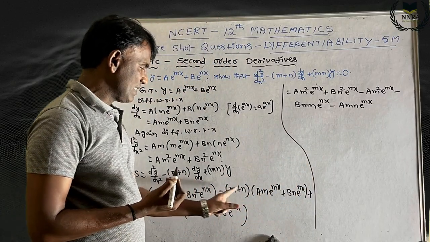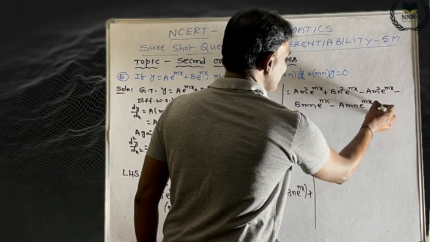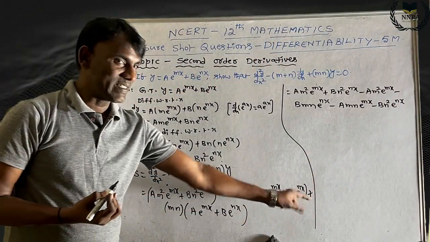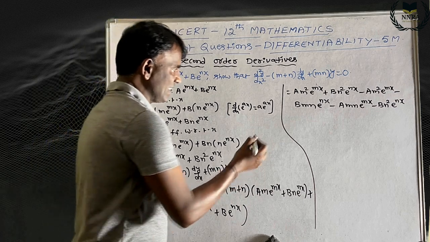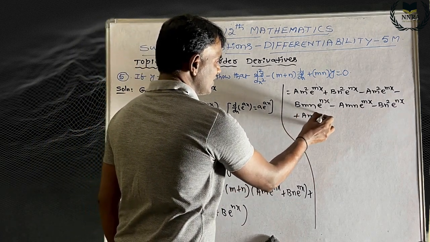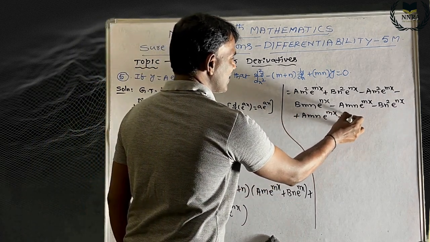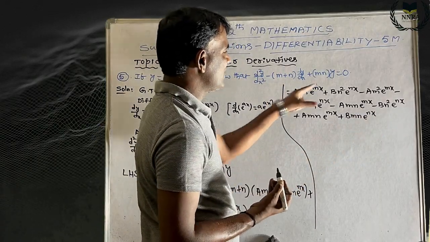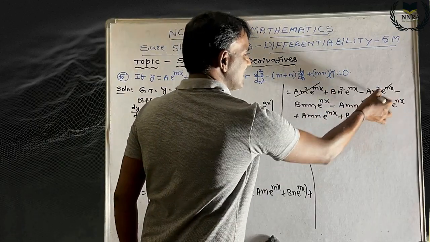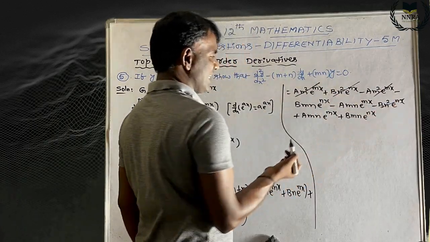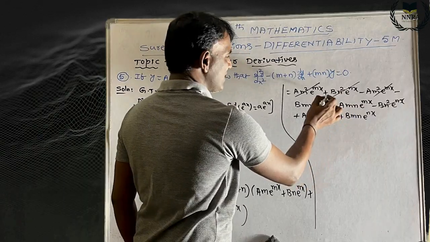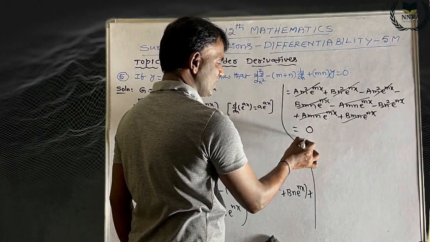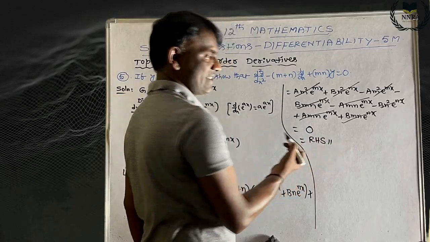So now minus n into bn is bn square, no? So bn square into e power nx. Now this is plus, so mn into a, that is amn e power mx, and last one is bmn e power nx. Now see, this is positive value, this is negative value, both get cancelled, right? And this plus, this minus get cancelled. So this is minus bmn plus bmn minus amn plus amn equal to 0. So that equal to RHS.